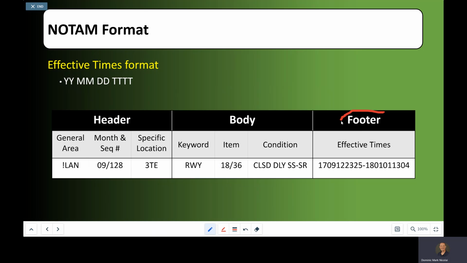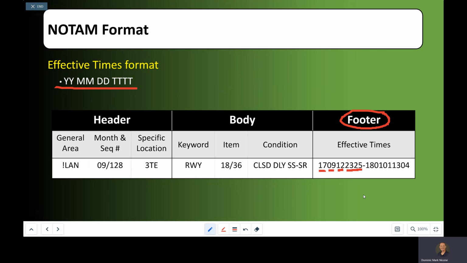Now the footer is going to contain the effective time of this. The effective time format is up here, a 2-digit year, a 2-digit month, a 2-digit day, and then the 4-digit Zulu time. So looking at this NOTAM, the runway is closed daily, sunset to sunrise, starting on the year 2017, the month of September, on the 12th day at 23:25 Zulu.